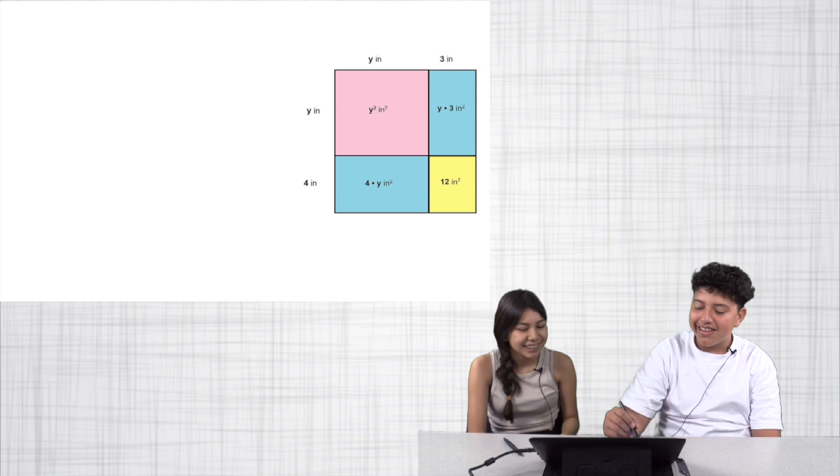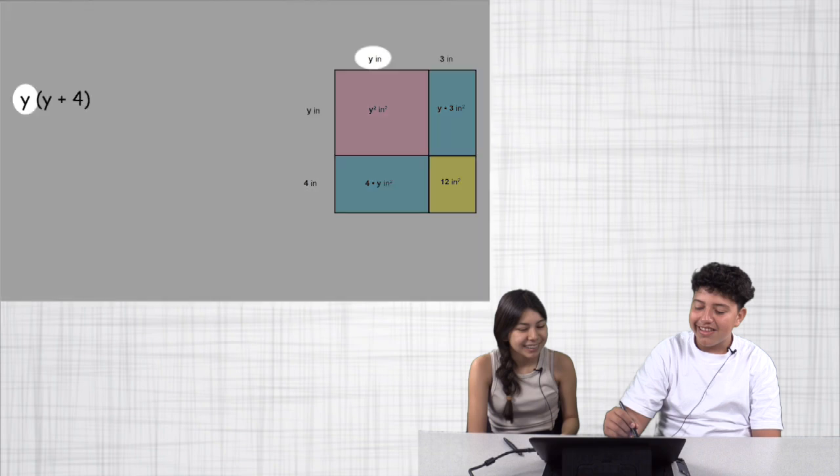Emily and Mauricio discovered something really important. They discovered that distributing twice gave them each of the 4 areas comprising Noah's rectangle of fabric. The first distribution was similar to what they had done with the garden. They wrote y times the quantity y plus 4, which represented the width of y inches multiplied by the length of y plus 4 inches.